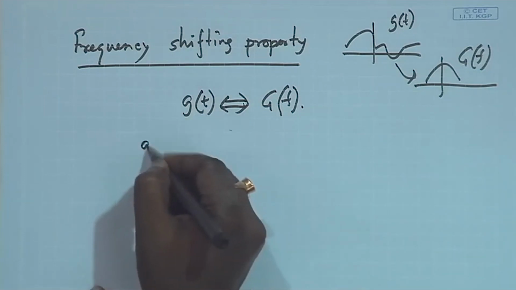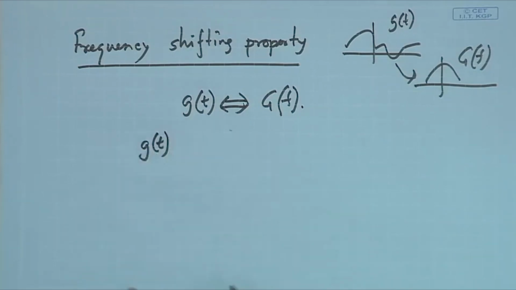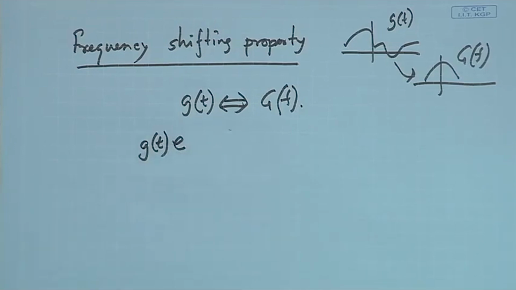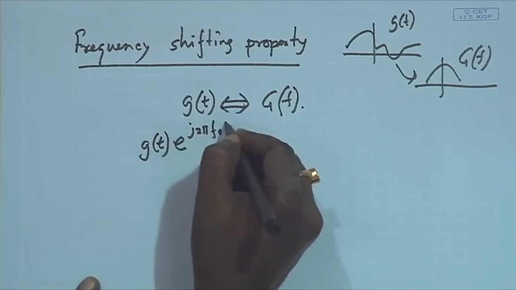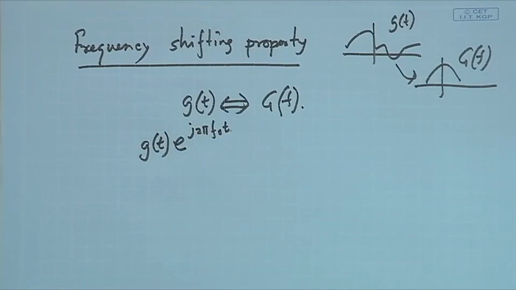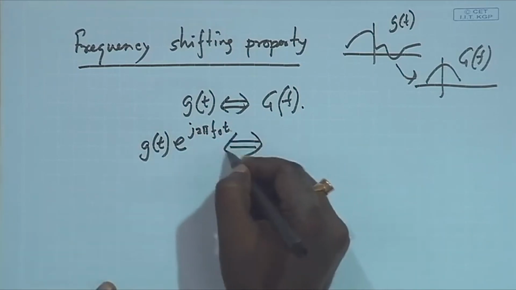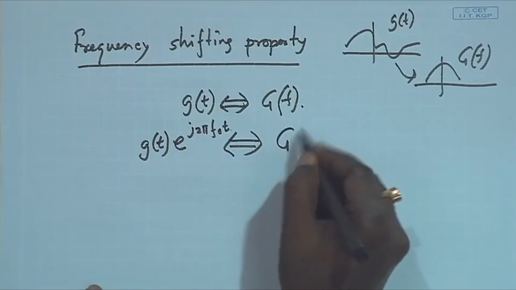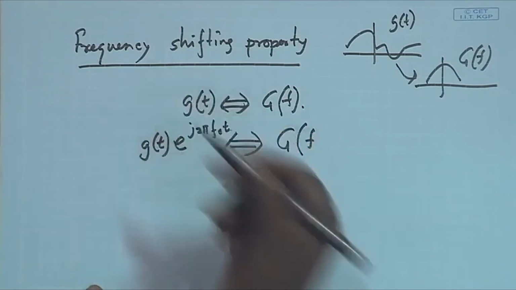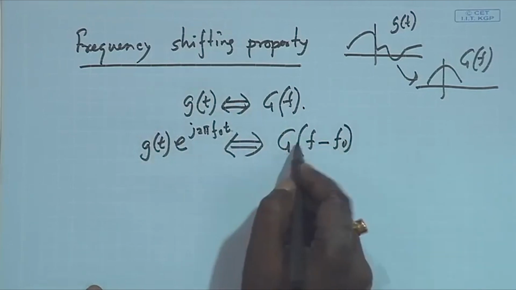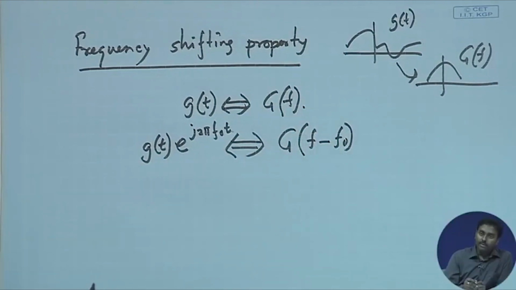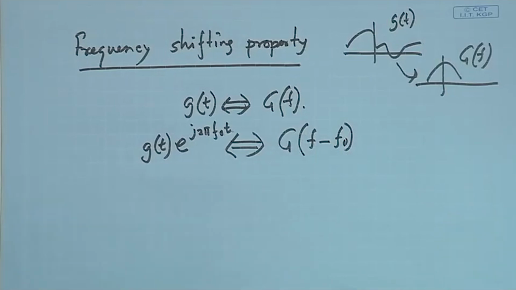Now, we are trying to prove that if this signal g(t) is multiplied by an exponential e to the power j 2 pi f0 t, that is why it is called frequency shifting property, the spectrum will remain the same, it will just in the frequency domain be translated by an amount f0. So, this is something we wish to prove.